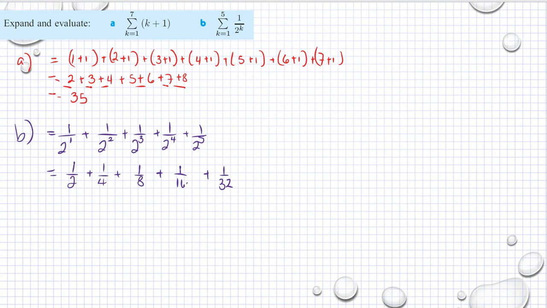If I expand everything so that I have the same denominator, 16 times 2, 8 times 4, 4 times 8, and this one is 16. That means I have 32, and this is 16, plus 4, that's 20, and then 8 plus 2, that's 10, so we have 30 already, and we have 31. Sorry, this should be 32, not 22.